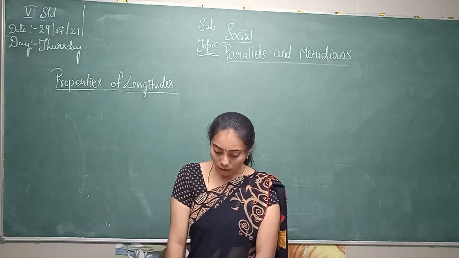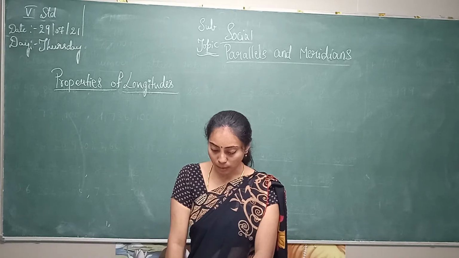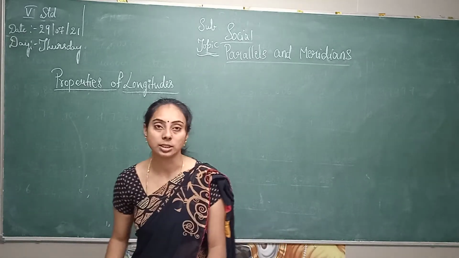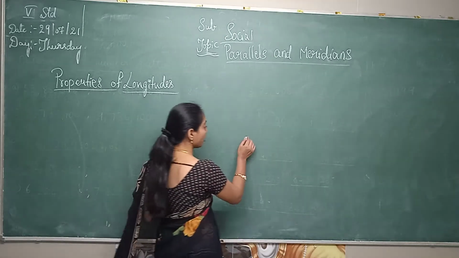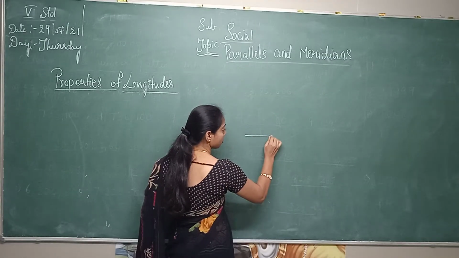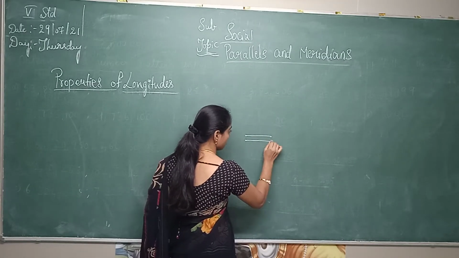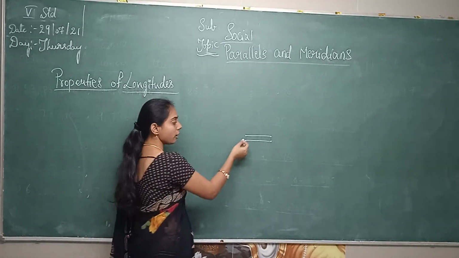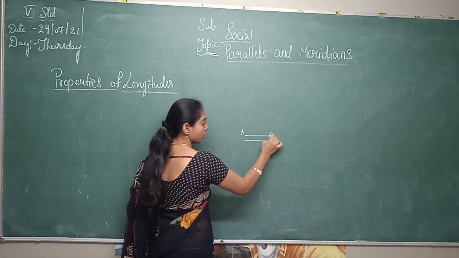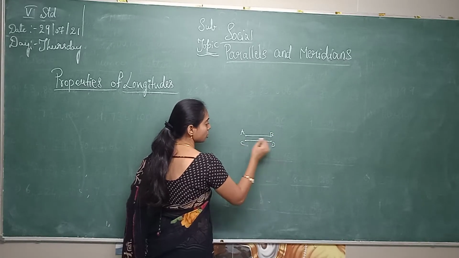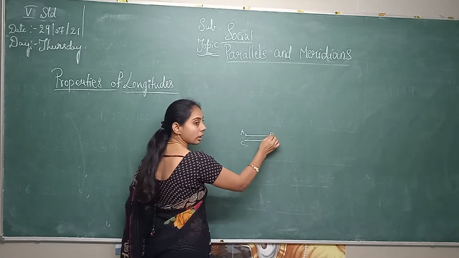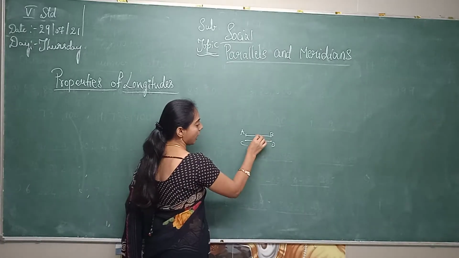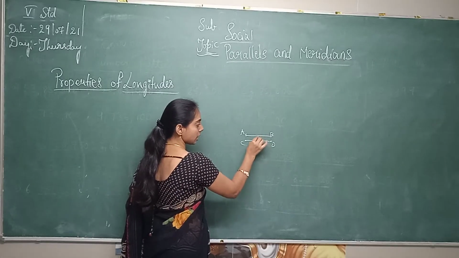Longitudes do not run parallel to each other but meet at the two ends. Parallels I already told you about. Here A to B is the same distance, C to D is the same distance, and these two distances are the same.